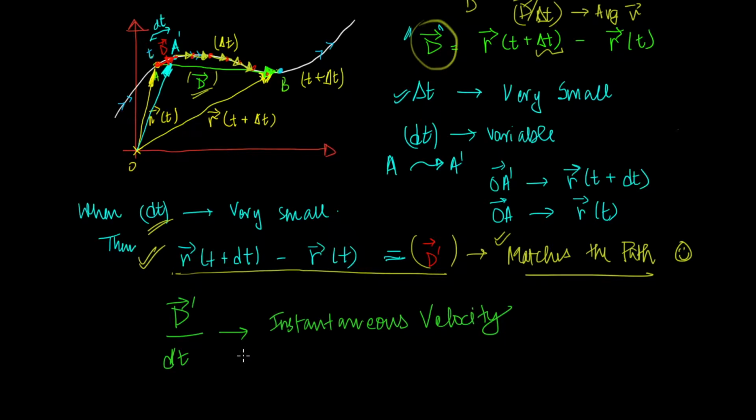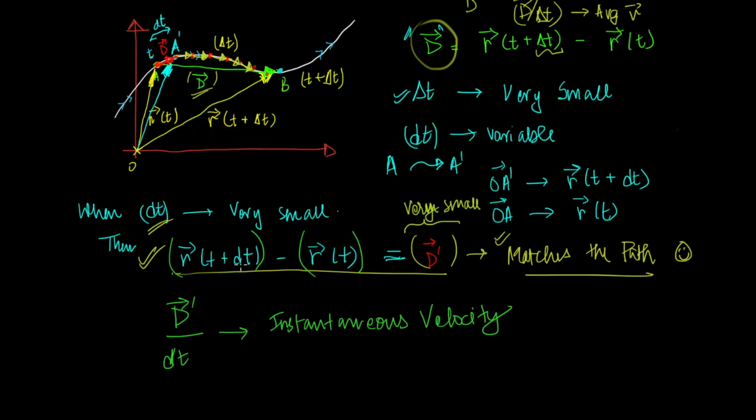So that's what happens. Now remember, when dt is really small, r of t plus dt and r of t, these two vectors are very close. And when they are very close, this term here is very small. So that means our instant velocity has a potential of being really small as well.